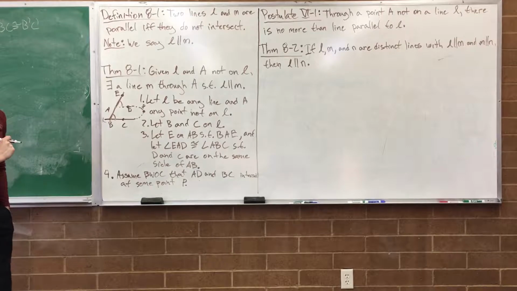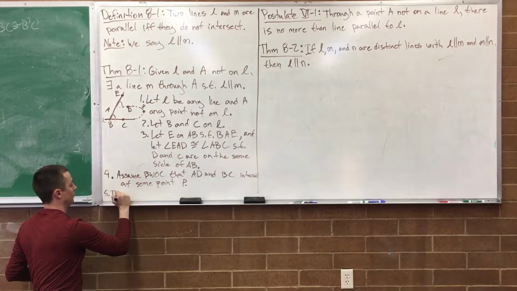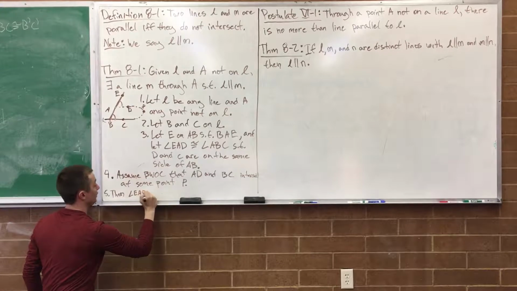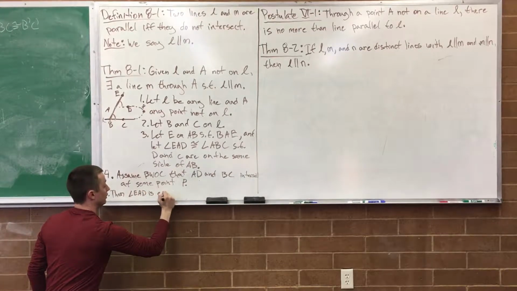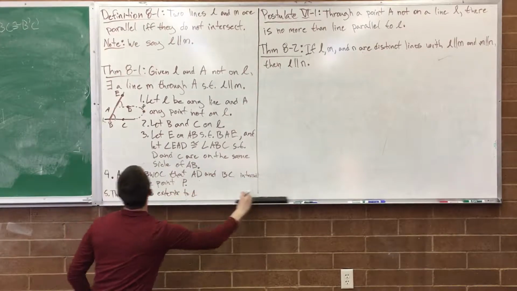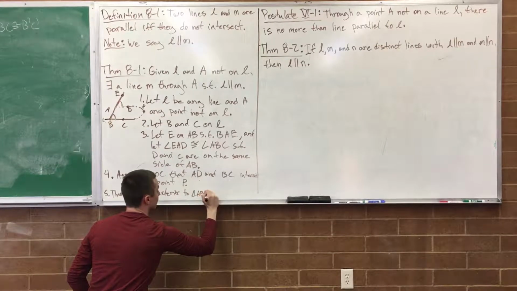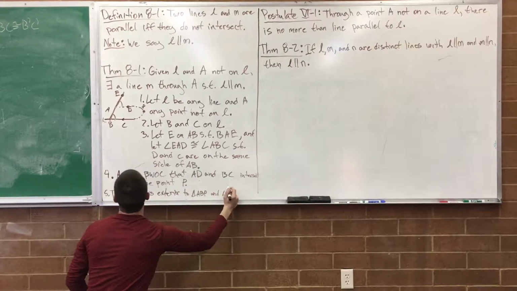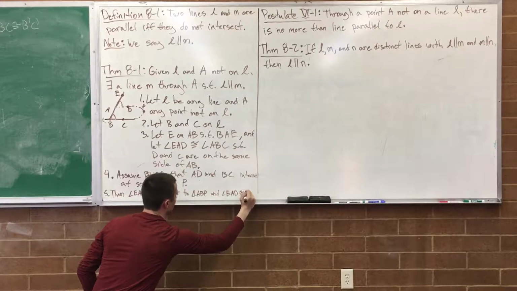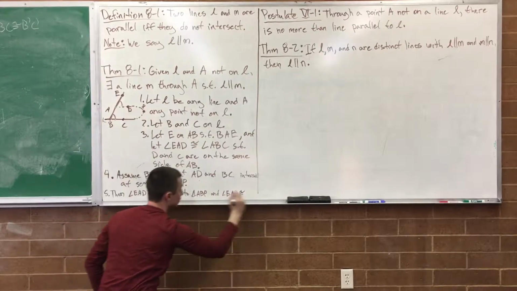Right? Then angle EAD is exterior to triangle ABP, and angle EAD is congruent to angle ABC.